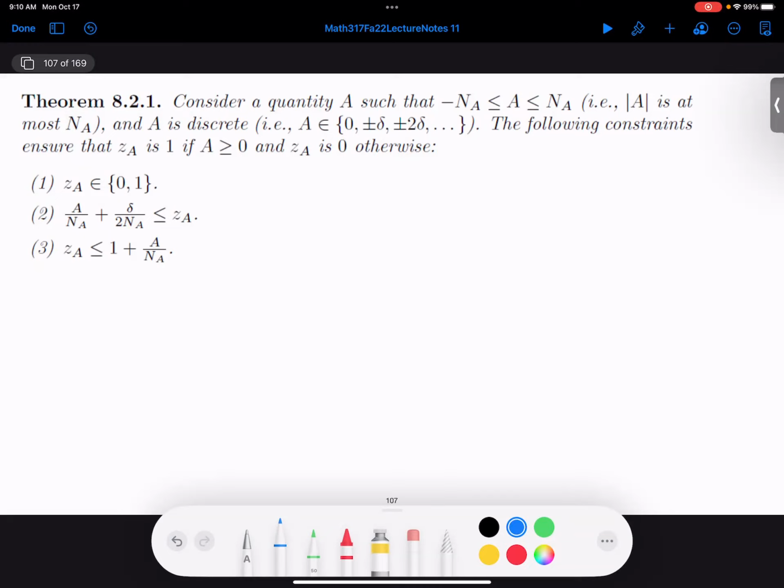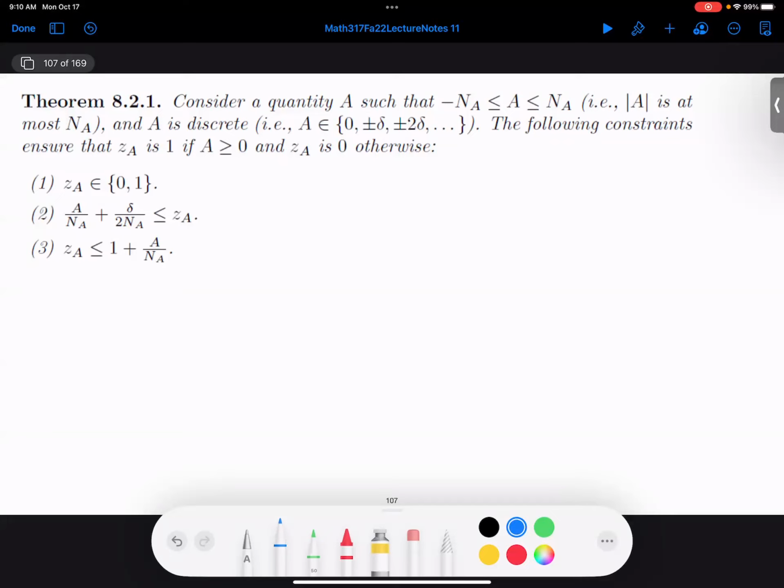All right. So there are 3 constraints. I want Z to be 1 if A is greater than or equal to 0 and 0 otherwise. So the first constraint is pretty clear. Z is going to be either 0 or 1. I'm trying to have Z as a binary indicator variable. Okay, now things get interesting.